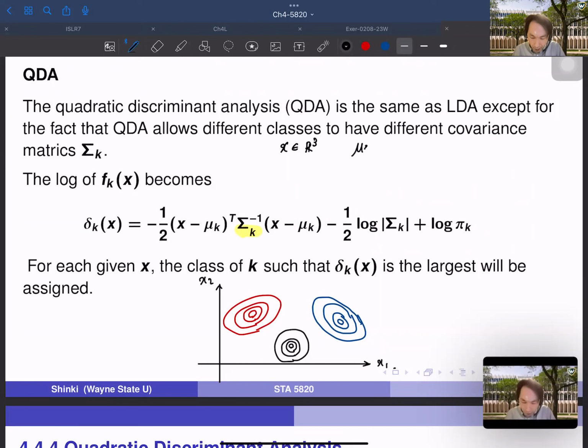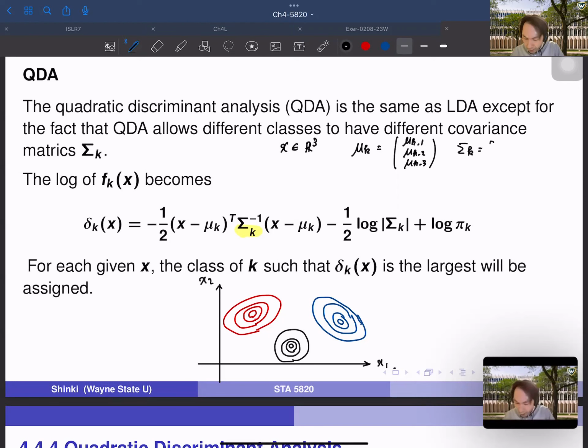At first, mu k is mu k1, mu k2, mu k3, the mean values of the three predictors for each group k. In the previous example of distinguishing animals by weight, height, and neck length, mu k1, mu k2, mu k3 are the mean weight, mean height, and mean neck length of group k. And sigma k is the variance covariance matrix.